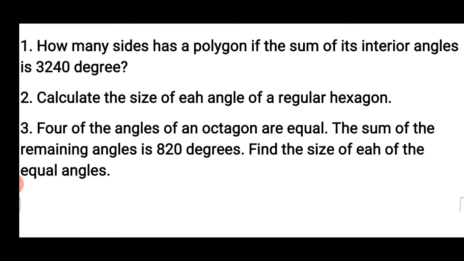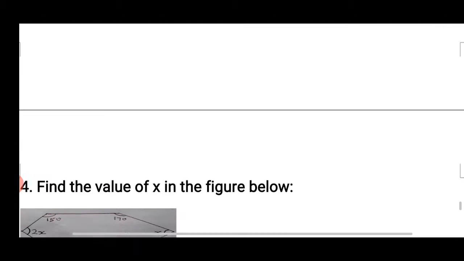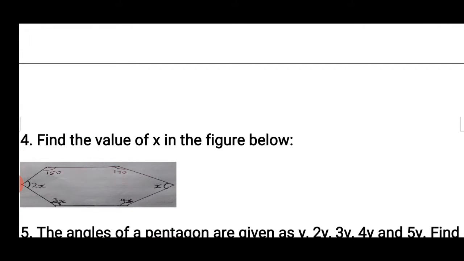Question 3. 4 of the angles of an octagon are equal. The sum of the remaining angles is 820 degrees. Find the size of each of the equal angles. Question number 4. Find the value of x in the figure below.